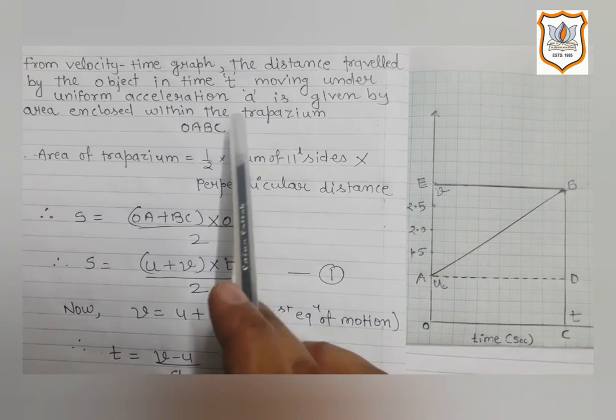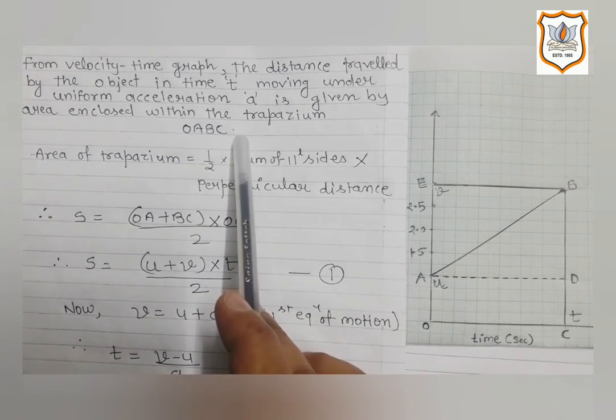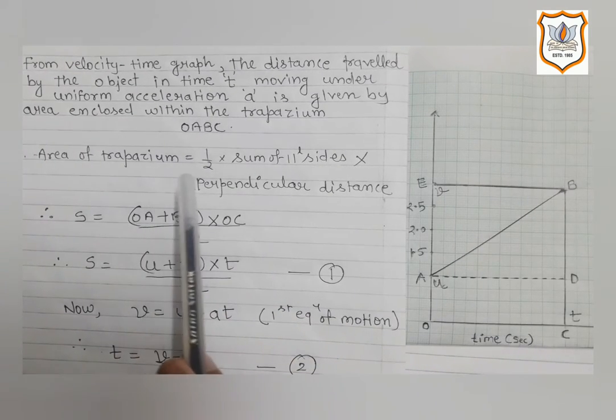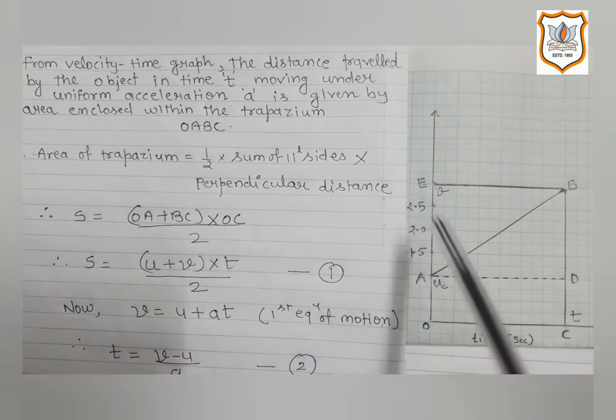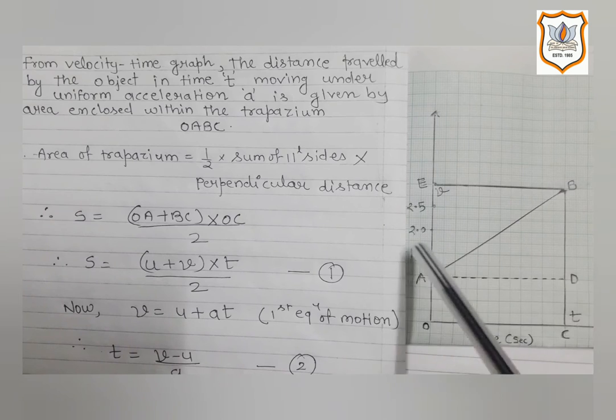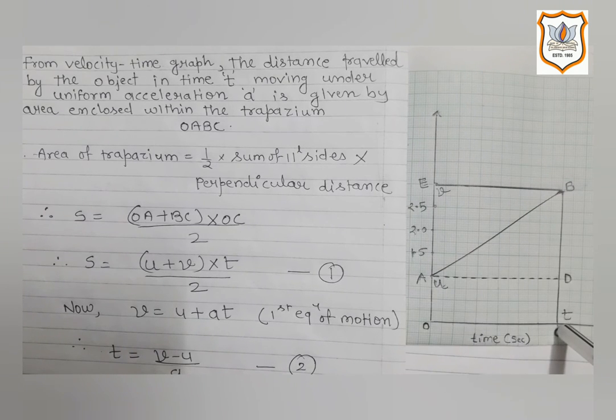So we can write trapezium OABC. And what is area of trapezium? Area of trapezium is half of sum of parallel sides into distance between parallel sides.